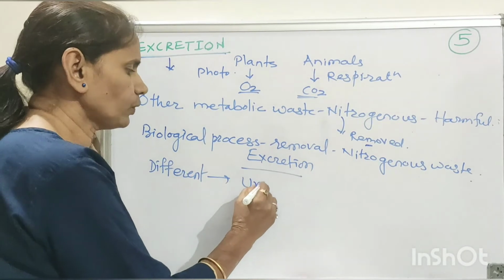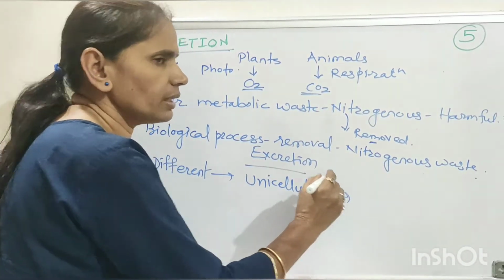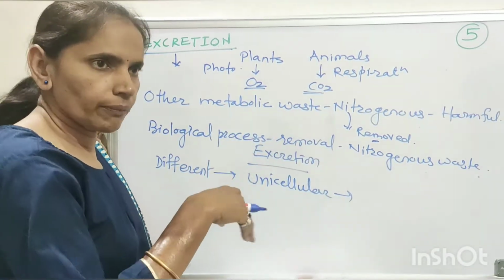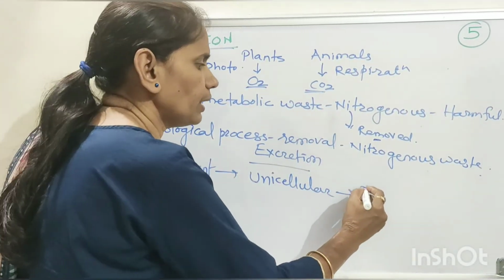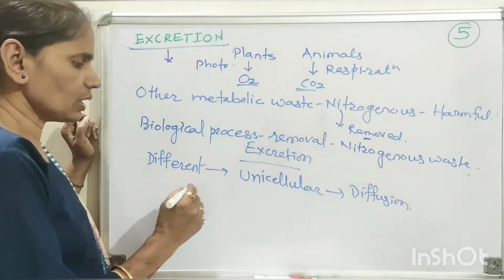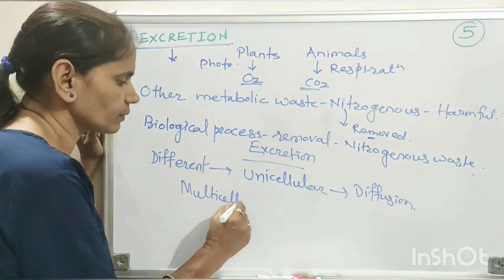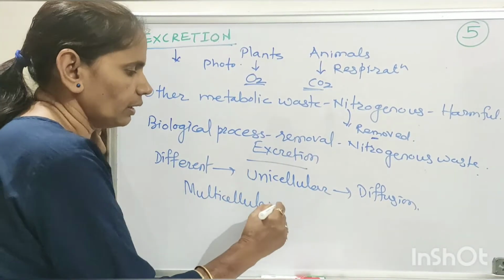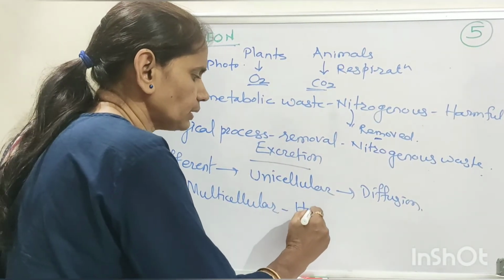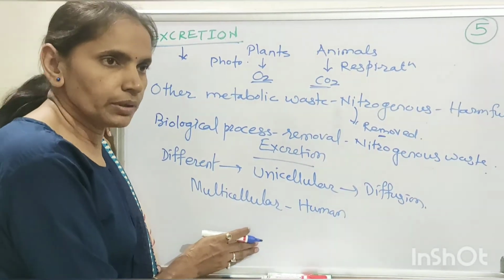Now in case of unicellular organisms, the waste material is released from the cell surface area by simple diffusion. But in case of complex multicellular organisms like human beings, a well organized excretory system is there.